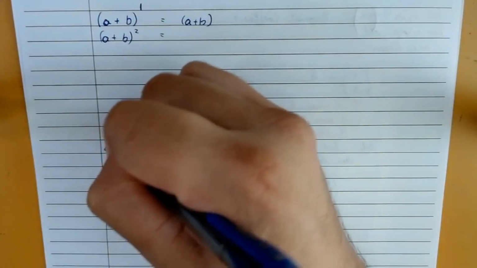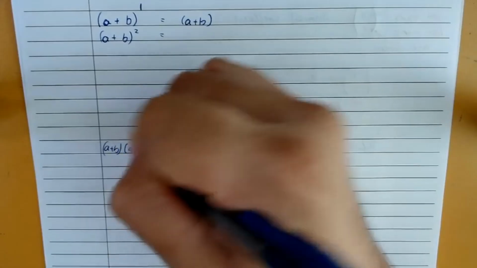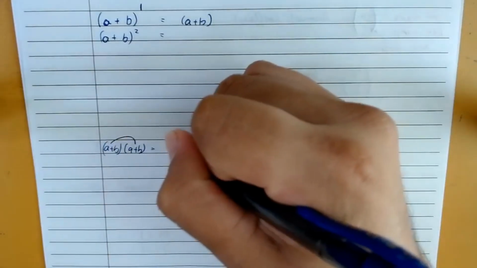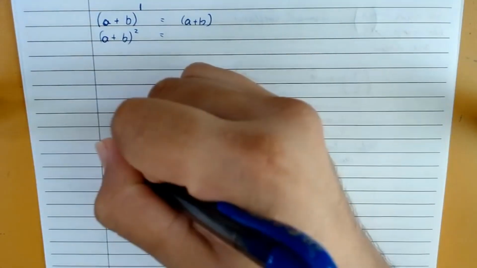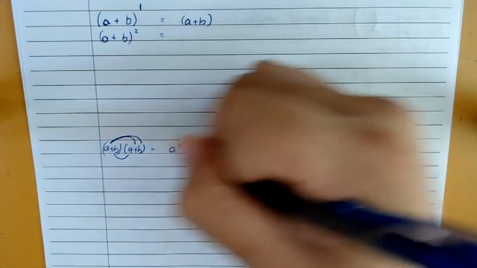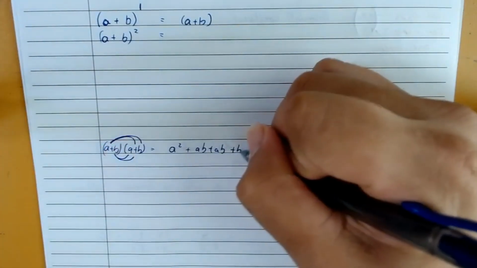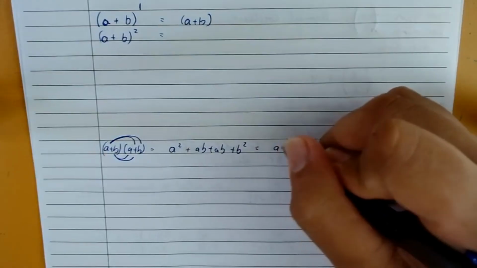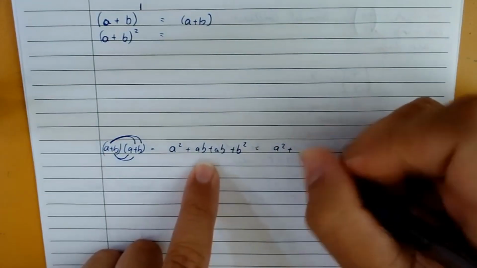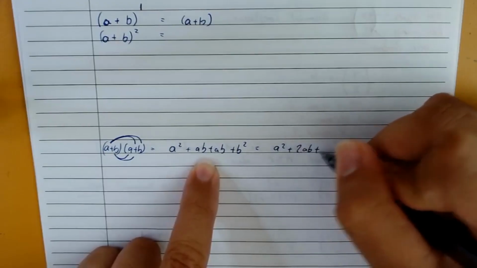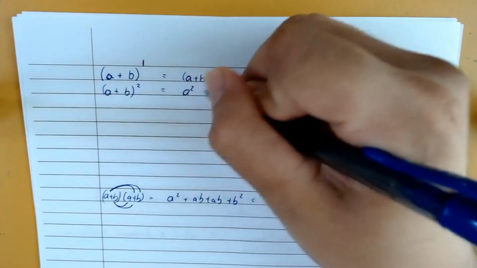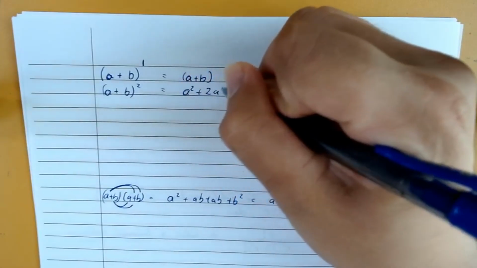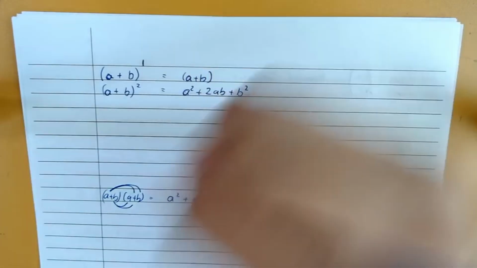A plus b times a plus b, that's a squared, plus ab, plus another ab, plus b squared, which gives us a squared plus, that's two of those, so 2ab, plus b squared. So that's a squared plus 2ab plus b squared.